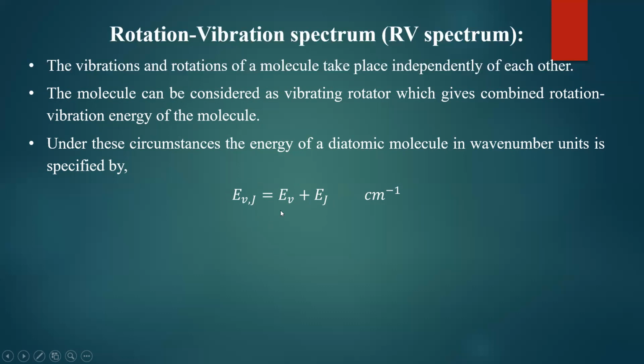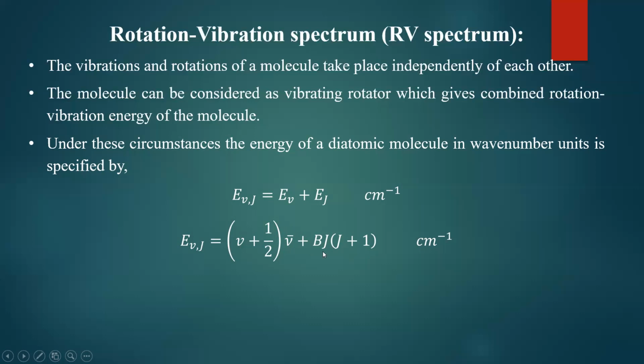What is the value of vibrational energy in centimeter inverse? And what is the energy of the rotating molecule in centimeter inverse? Already we have discussed. Therefore, total energy E(V,J) is equal to (V plus half) into nu bar, where nu bar is the wave number of the spectral line, and V is the vibrational quantum number.